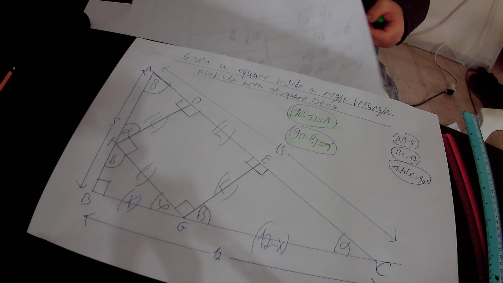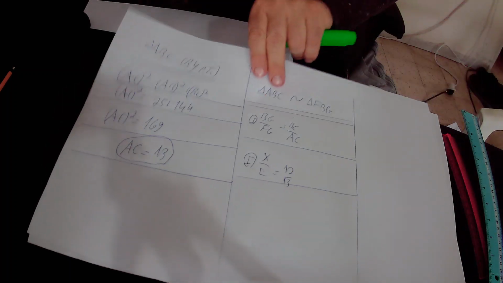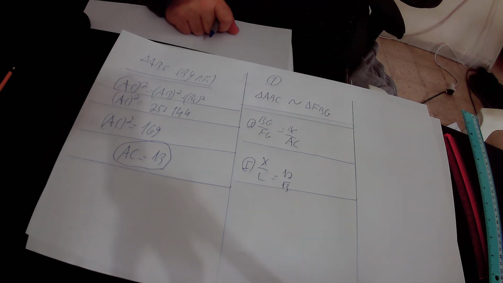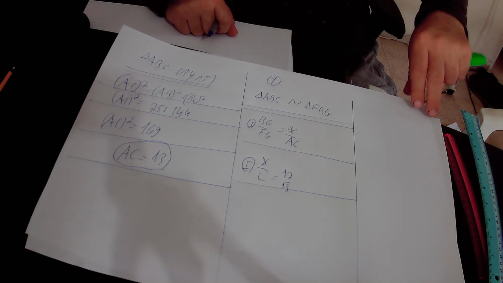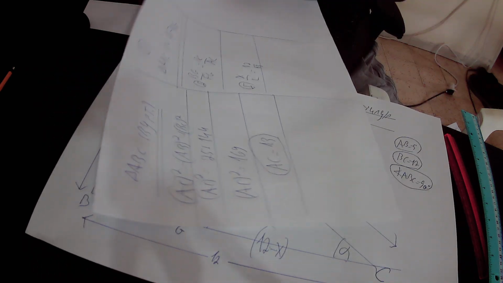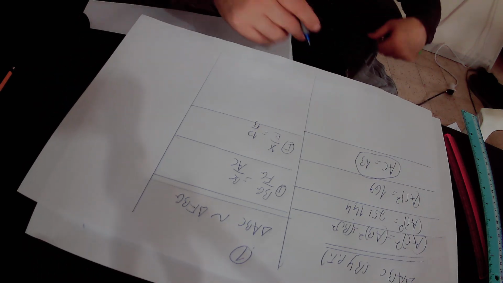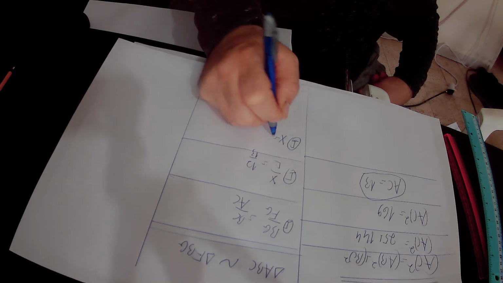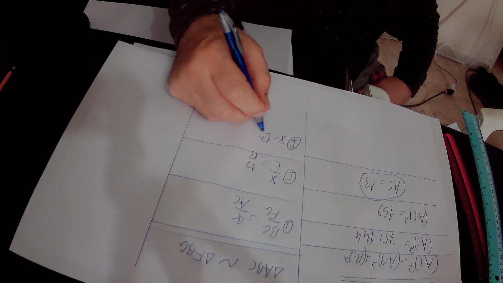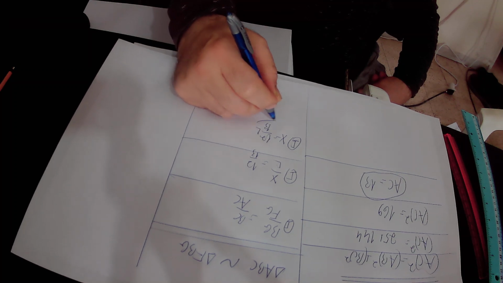In conclusion, we found out that according to equation 1, x over L equals 12 over 13. So here we will multiply this equation 1 by L, and we'll get that according to equation 1, x equals 12 over 13 times L.